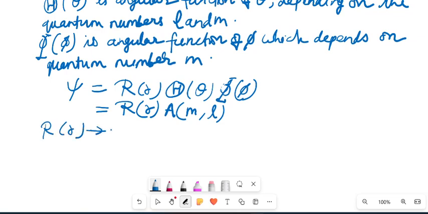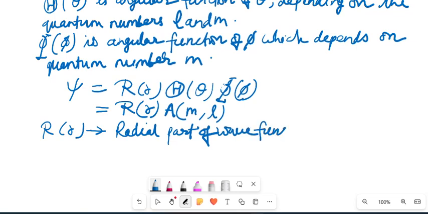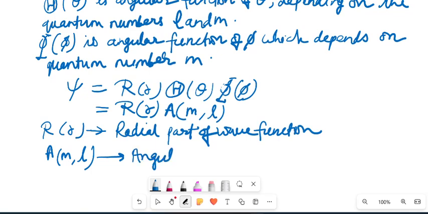The radial part of the wave function, R, and the angular part, Y of theta and phi, make up the wave function.